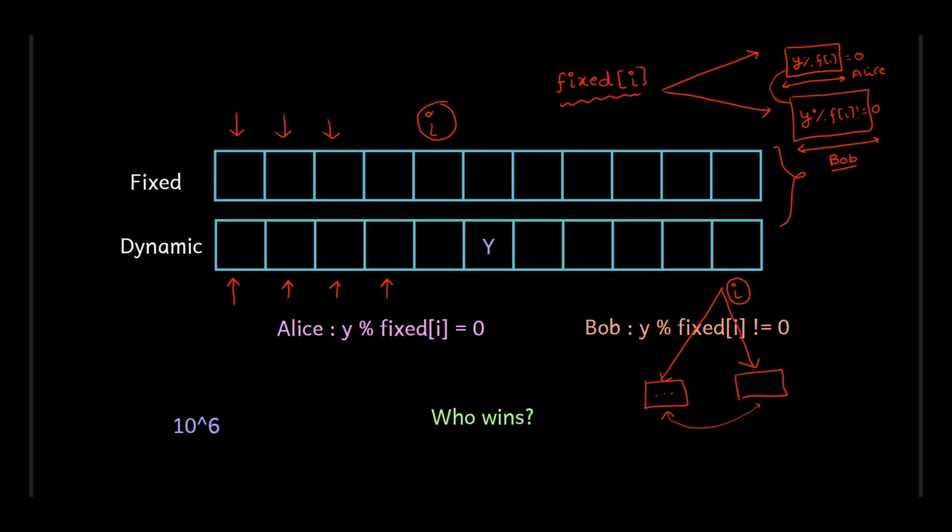So that is why this line of thought is not really leading us anywhere. Fixing I is not really doing much. So what is the alternate option that we have to think about this problem?